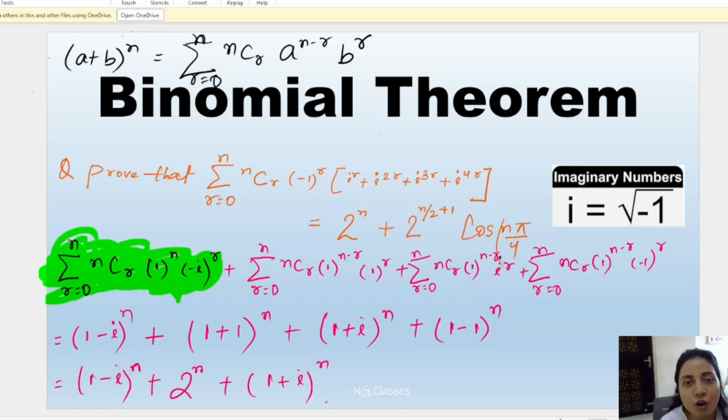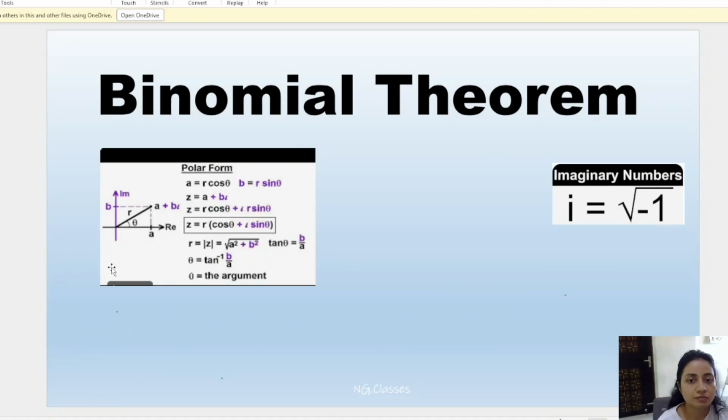So cos is involved, so this is indicating that we have to represent our complex number in polar form, then only we will be getting cos theta, sin theta, maybe sin will vanish. Okay, so let's represent these complex numbers 1 - i and 1 + i in polar form.